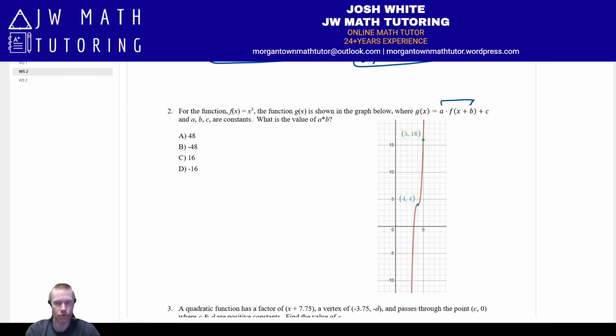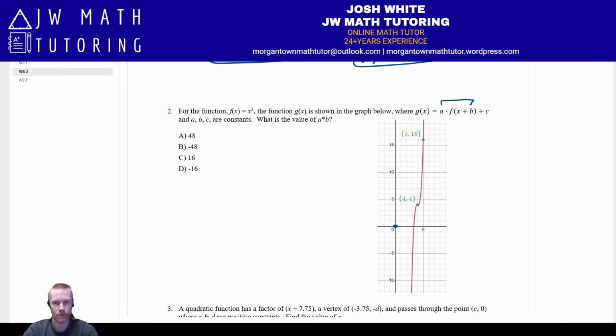So I'm assuming that the way this graph was given, in this example, this 4, 4 point is essentially equal to the 0, 0 point for your parent function. Meaning it's the point where technically the concavity switches, where it comes up, goes almost horizontal, gets real flat, and then goes up again.